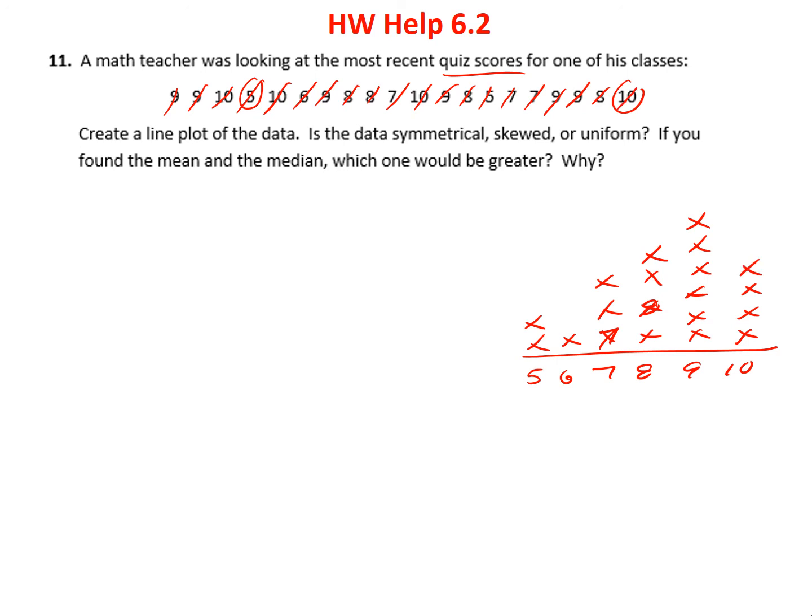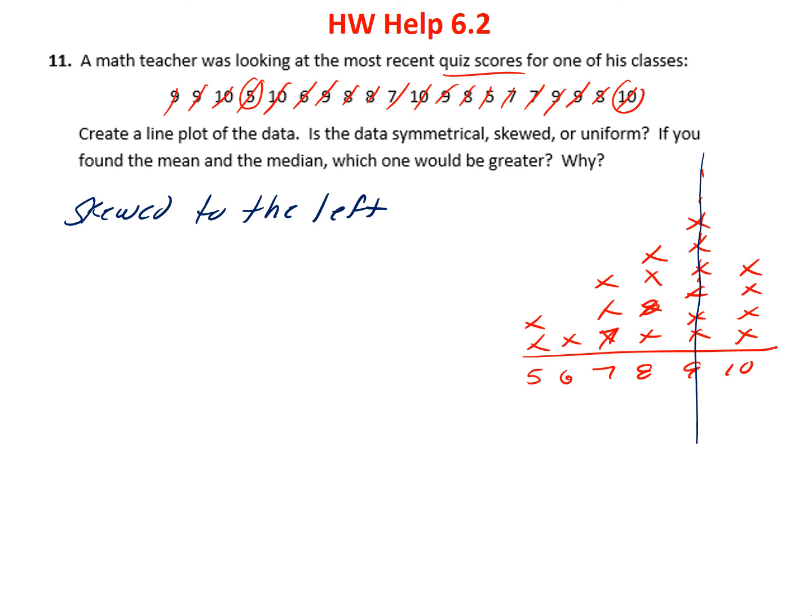So first of all, is it uniform, skewed, or symmetrical? I notice my high point is here, so definitely this is skewed. It's skewed to the left. If I were to measure this, it's not in the center.